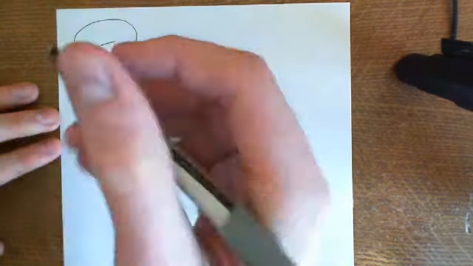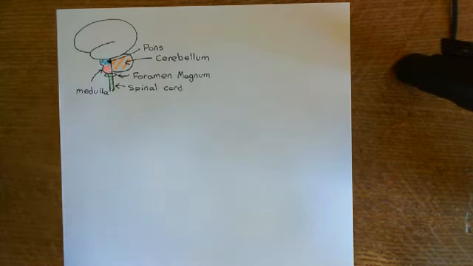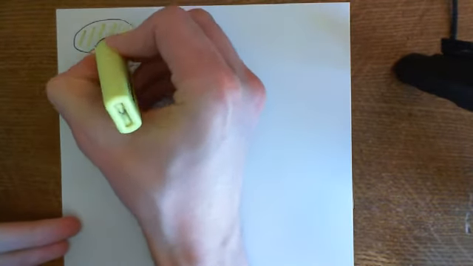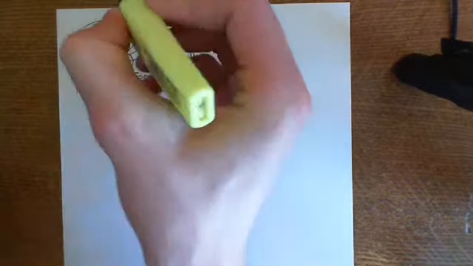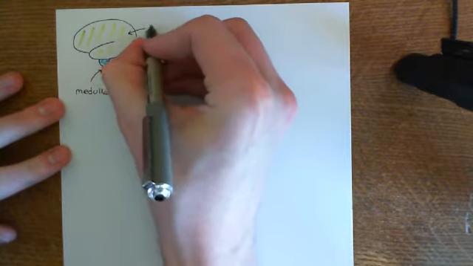Now we can't see the top of the pons, and we can't see the structures above the pons at the moment, because they're now shielded from our view by the left cerebral hemisphere here, which I'll colour in yellow. So in yellow this is the left cerebral hemisphere, or another word for it is the left cerebrum.